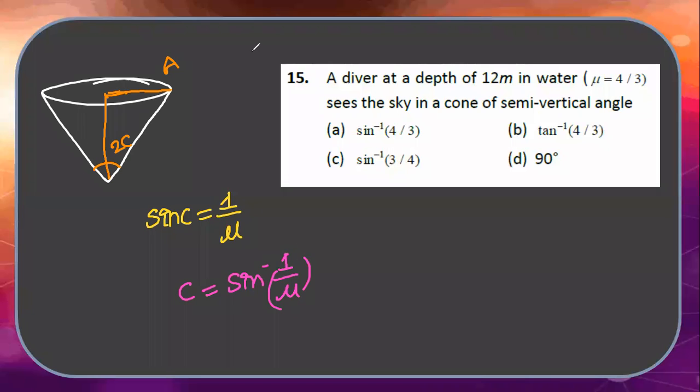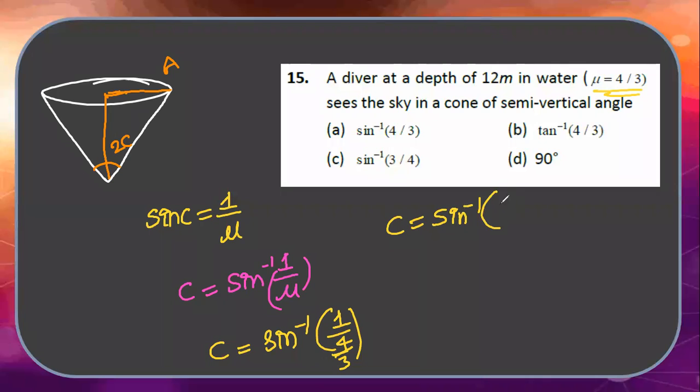The refractive index is given as 4/3, so 1 divided by 4/3 becomes 3/4. Then c is equal to sin inverse of 3/4.